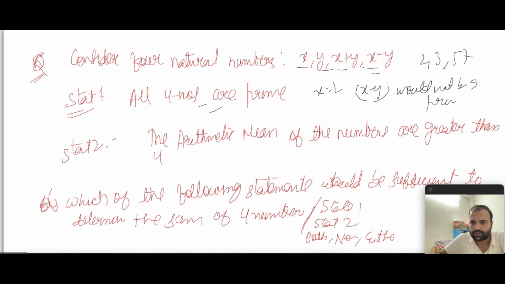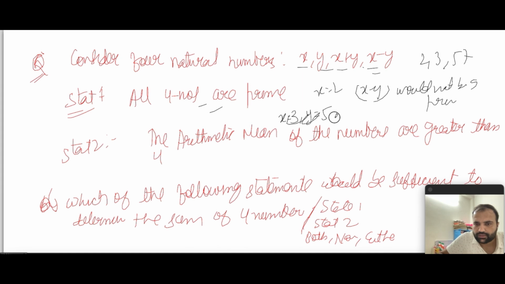Now for a moment, let's take another number. If we take this, it is going to be a problem. So let's try taking x equal to 3 and y equal to 5.